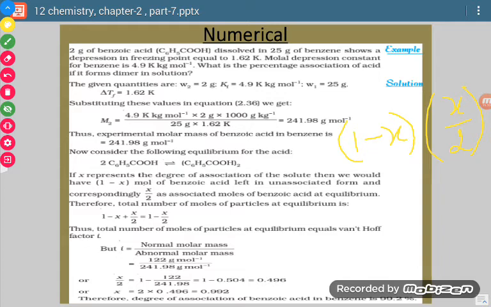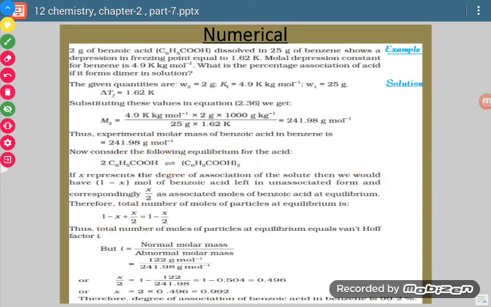Now what we are getting? When equilibrium is obtained, then 1 minus x is the number of moles of reactants and x by 2 is the number of moles of products. So the total number of moles after equilibrium will be equal to 1 minus x plus x by 2.